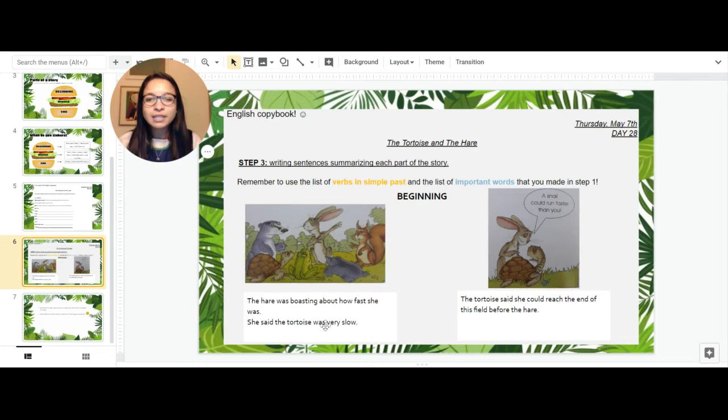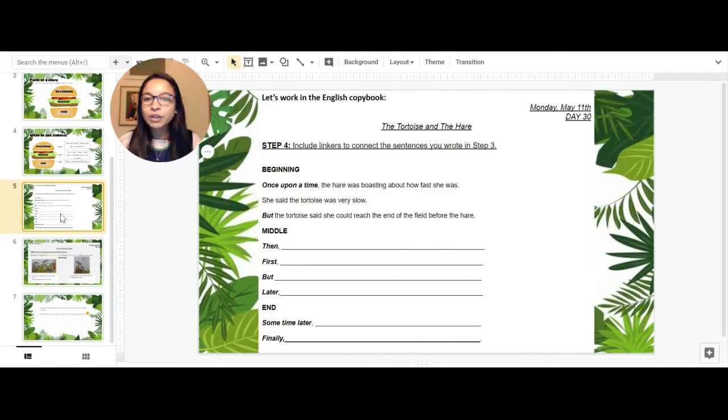Okay? So these same sentences are the ones we've got here. So I decided to include these linkers so you can see them. Once upon a time, the hare was boasting about how fast she was. Okay, so this is the sentence I wrote before, and here I'm just adding the linker.